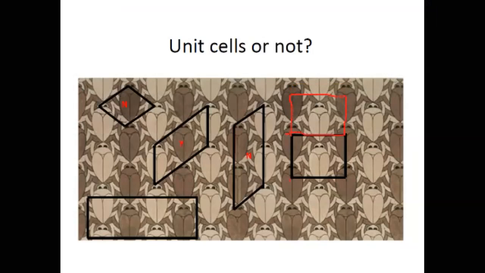And if we go down, again, we get the exact same copy. So this set of 4 lattice points would make up a unit cell because it's the exact same thing that gets copied in the 2 dimensions. So we went this way. Again, we get the same replica. So that is a unit cell.